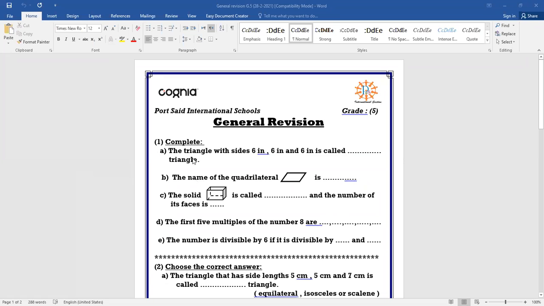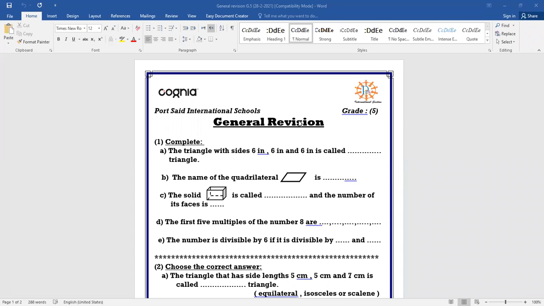Exercise number 1: complete. The triangle with sides 6 inches, 6 inches, and 6 inches is called... First, يا جماعة, let's remember the kinds of triangle.